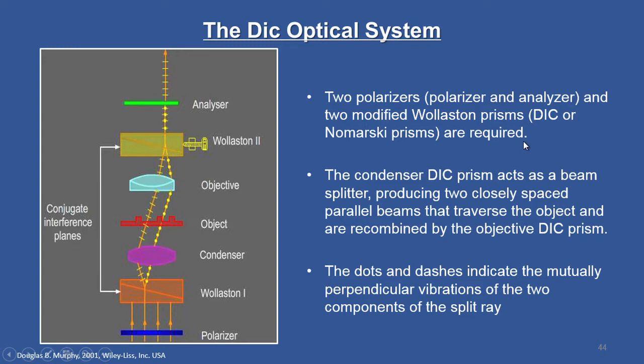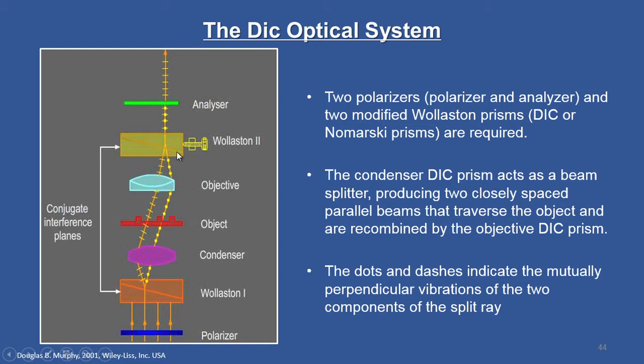You have a new prism here called modified Wollaston prism or DIC or Nomarski prism. The condenser DIC prism acts as a beam splitter, producing two closely spaced parallel beams that traverse the object and are recombined by the objective DIC prism. So, you have the condenser DIC prism shown here, and the objective DIC prism here.